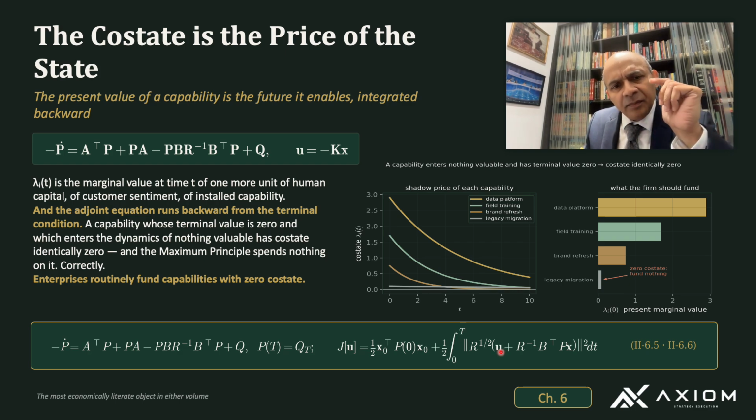Since the second term is minimized at 0, at u star, as you can see u over here, u star, the Riccati equation computes the optimal feedback law, and then this second equation proves that any deviation from that law can only increase the enterprise objective cost.